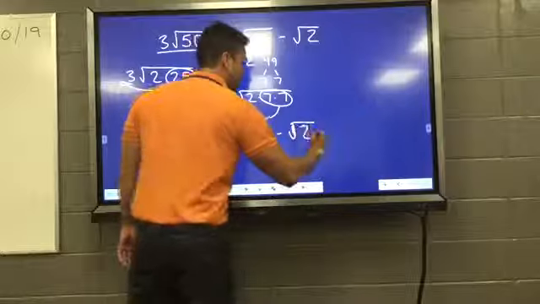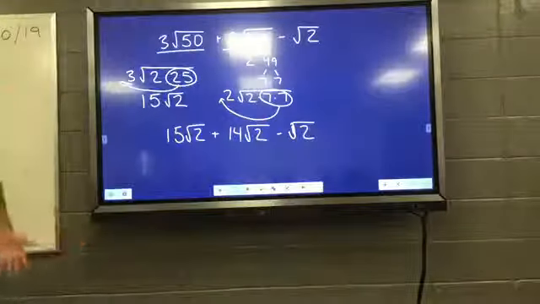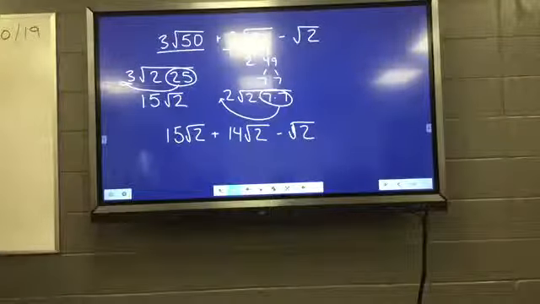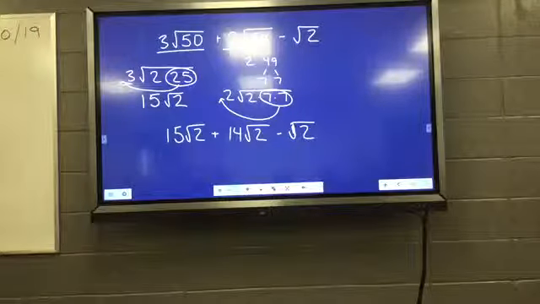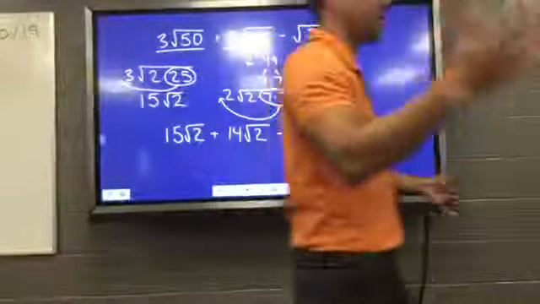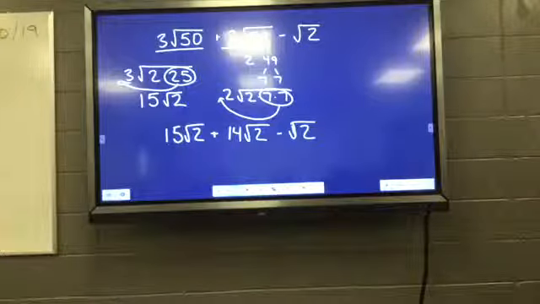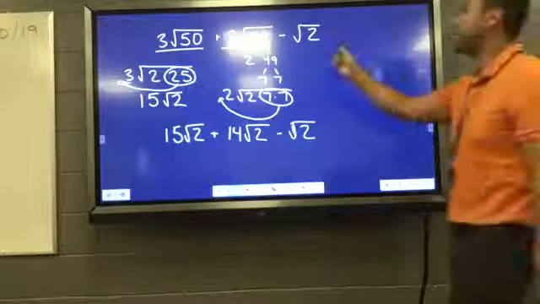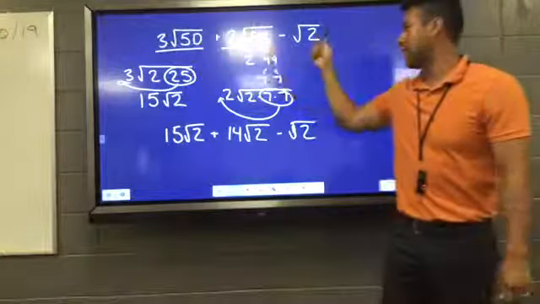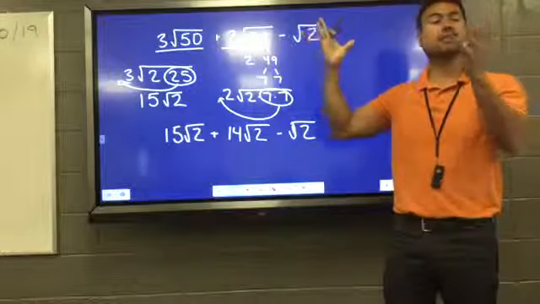When I asked you how many were like terms, the answer should have been they were all like terms. But I didn't know that because they weren't simplified. Do you remember the question I got in that other room? Why do we do this? Because I don't want to deal with this whole thing all the time. I want to deal with it in its simplified form.